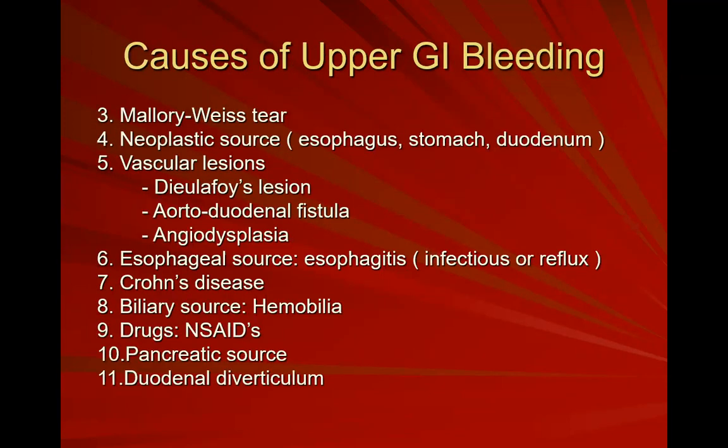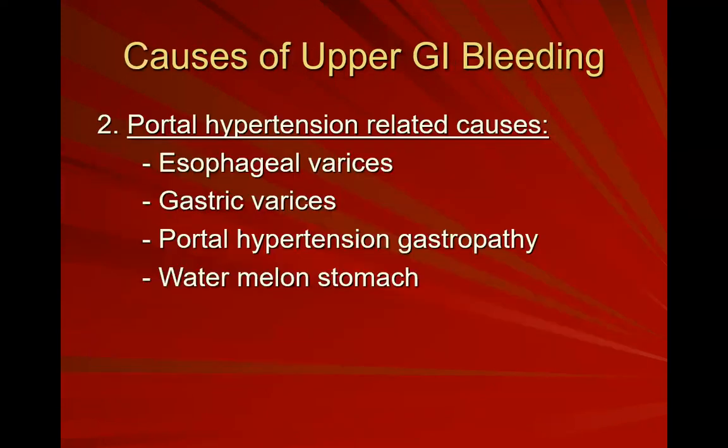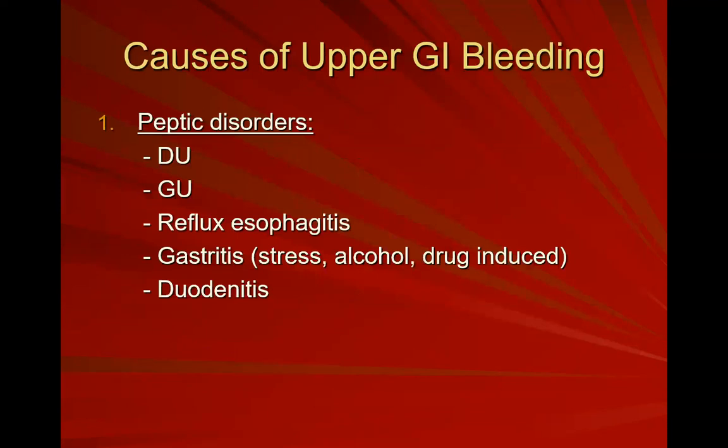Later in this presentation, we will go through these causes of upper GI bleeding. The most important thing is that you correlate the causes with the clinical presentation. For peptic ulcer disease, you already took a lecture about it. So what would be the associated causes for peptic ulcer disease? We have H. pylori infection, and we also have NSAID use.